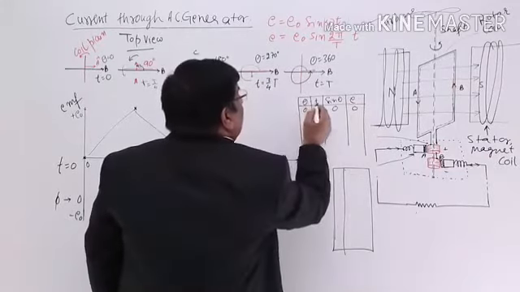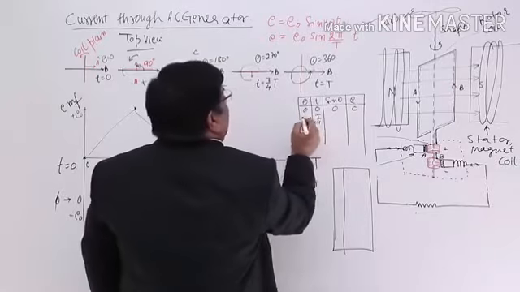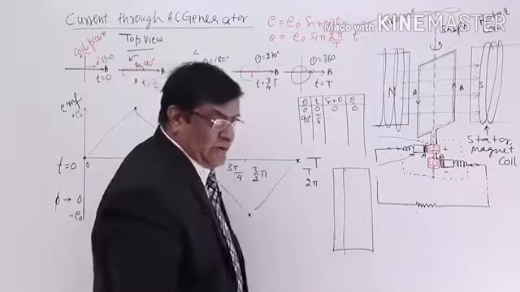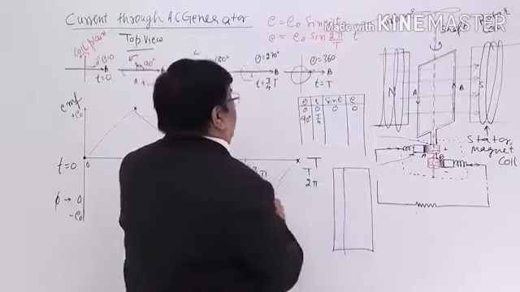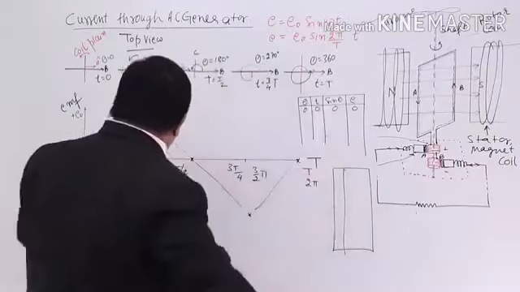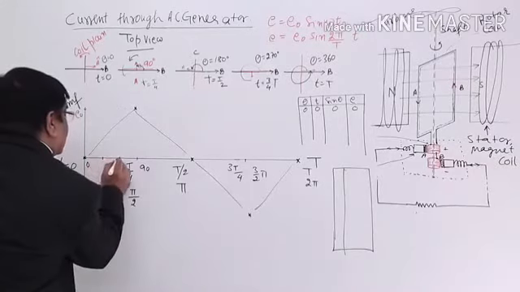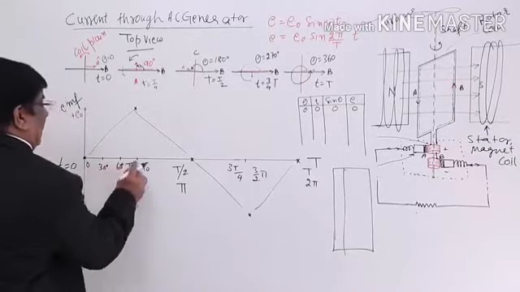When time is T by 4, theta is 90 degree. I want to explain the different steps between 0 to 90, so I fix my steps: 0 to 90 in 3 steps, 30 degree, 60 degree and 90 degree.